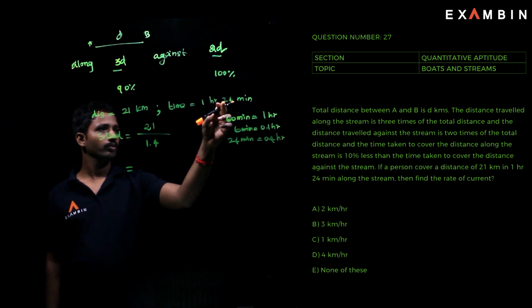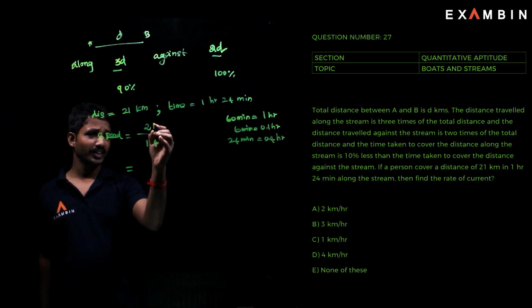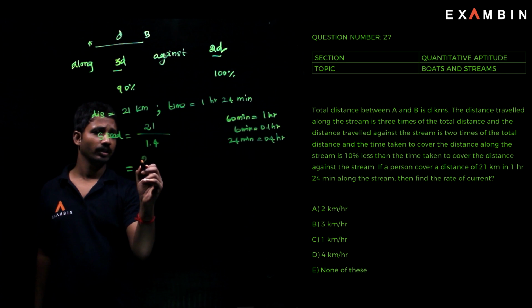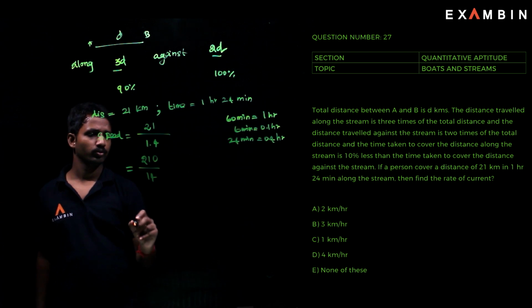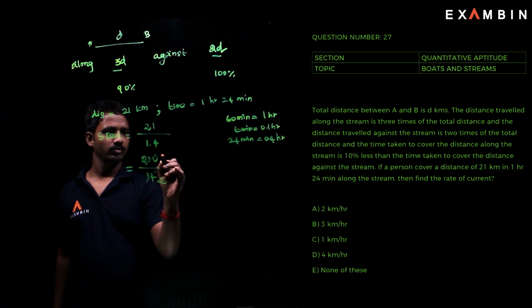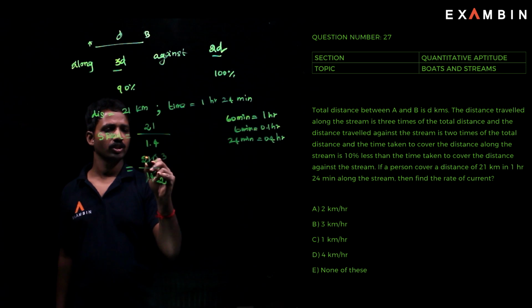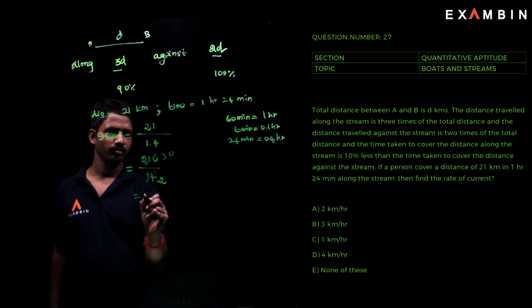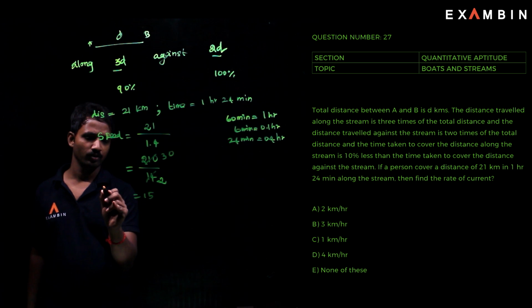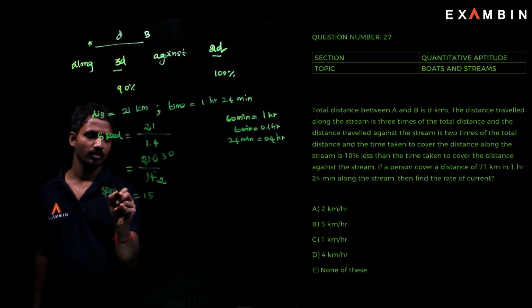So I am taking 24 minutes as 0.4 hour. 21 divided by 1.4 can be written as 210 by 14. 2 sevens are 14, 3 sevens are 21, 30, 30 by 2, 15. So this is speed.